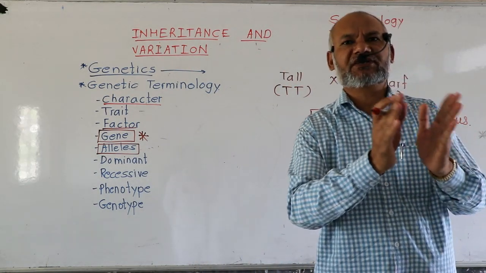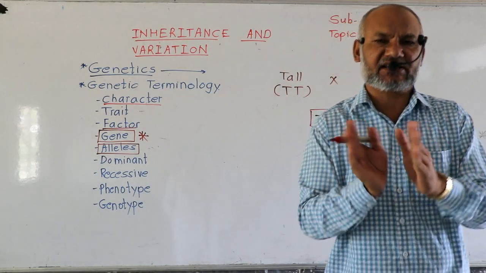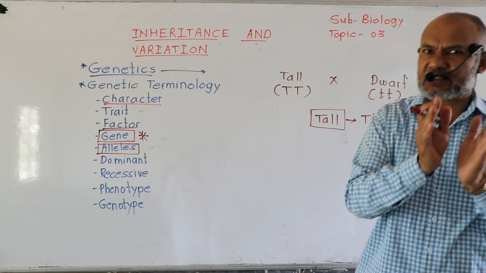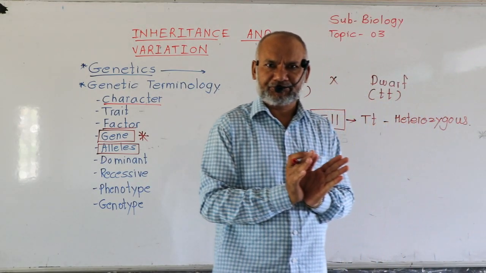Simply, what is the simple term? Dominant is the character which appears in the F1 generation. Recessive is the character which does not appear in the F1 generation.